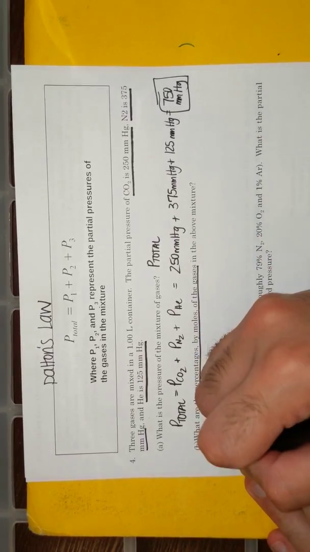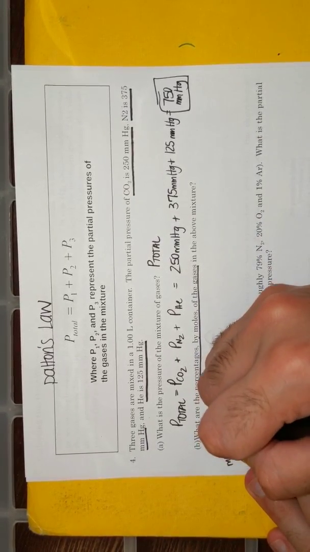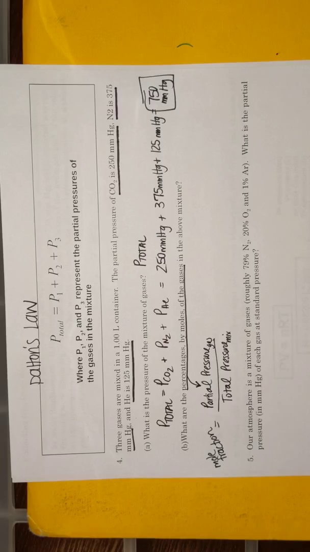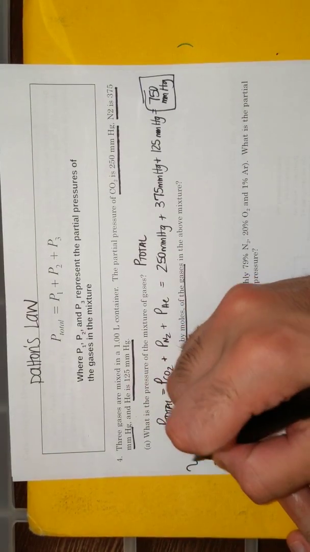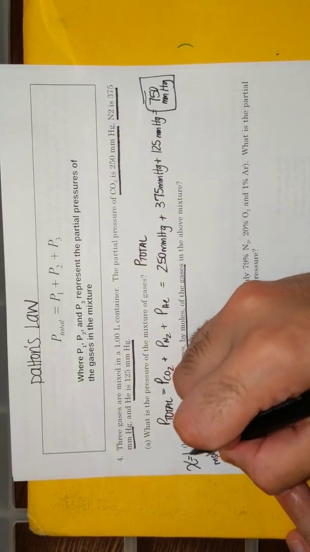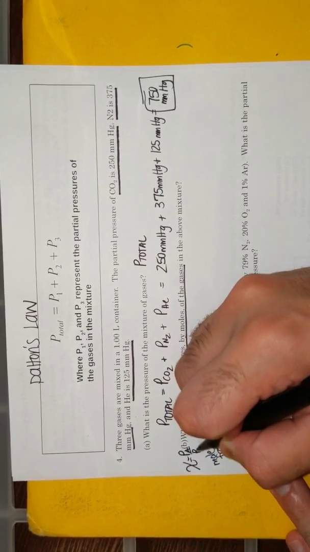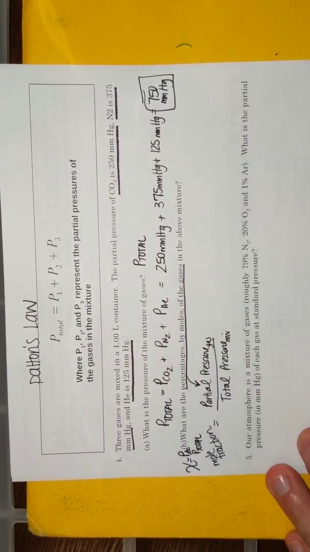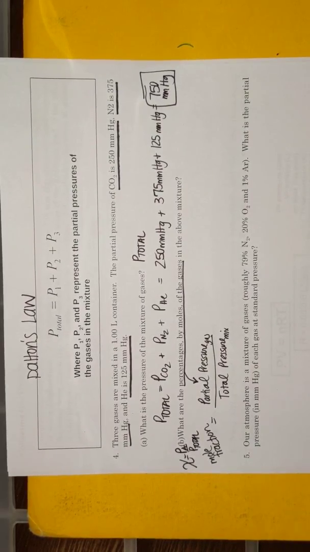That's going to be equal to what I'll call my mole fraction. And you may see this in the future somewhere, not in our class, but they usually have mole fraction as like this weird letter X that is chi, and it'll be P of A over P total. Okay, so I'm just going to do one of them and you could do the other.